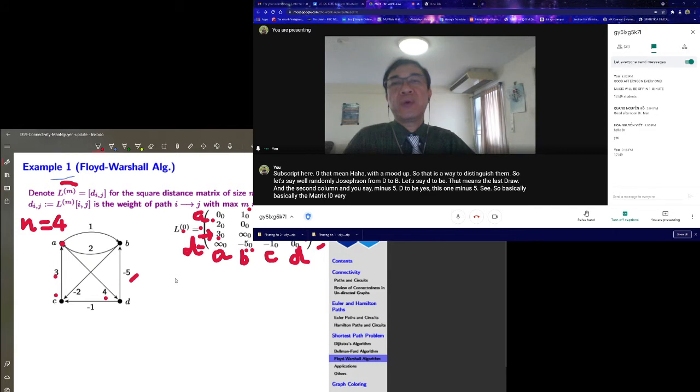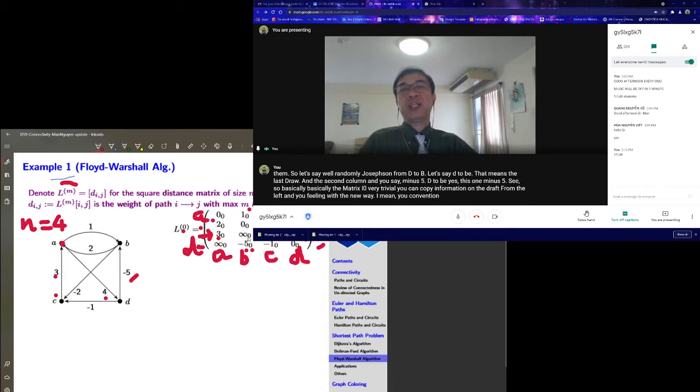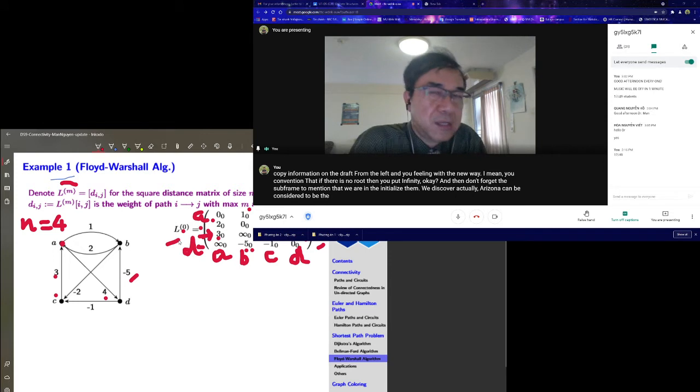You can copy information from the graph on the left, and you fill in with the new convention that if there is no route, then you put infinity. Okay, and don't forget the subscript to mention that we are in the initialize step. We just copy. Actually, L0 can be considered to be the weighted adjacency graph, but we put the weight inside.